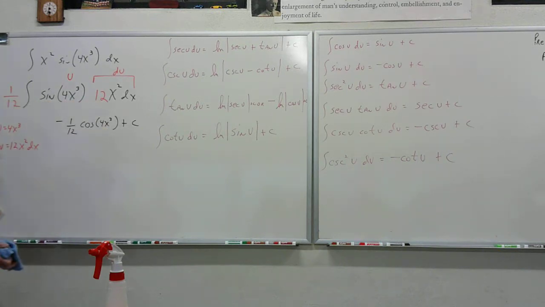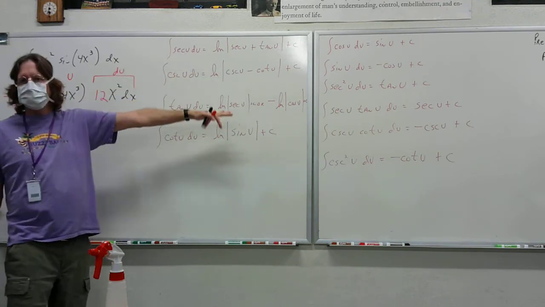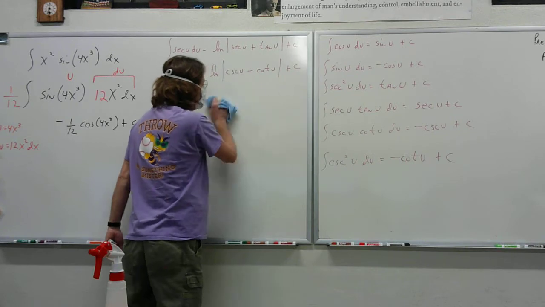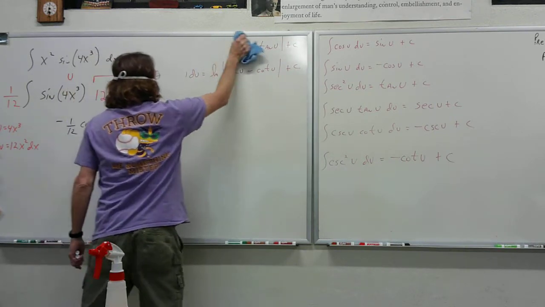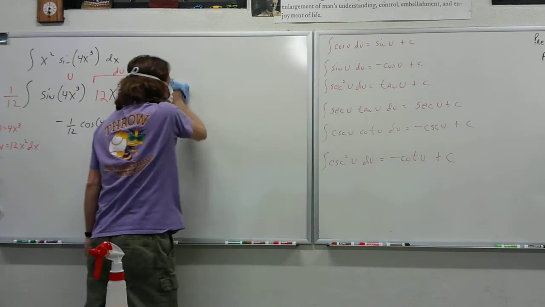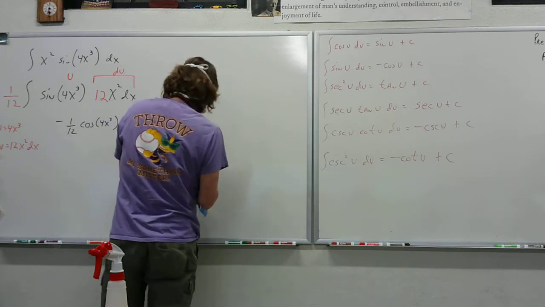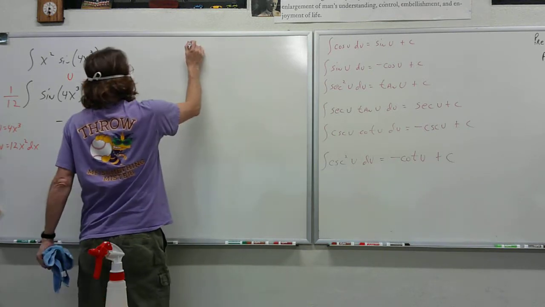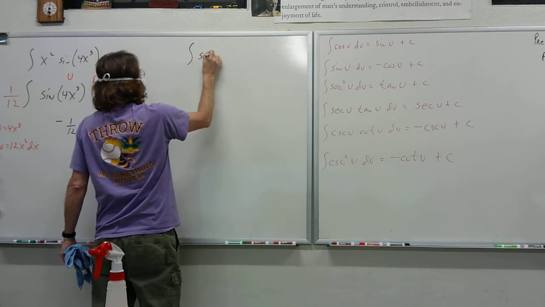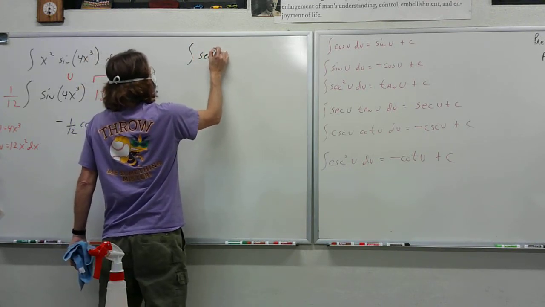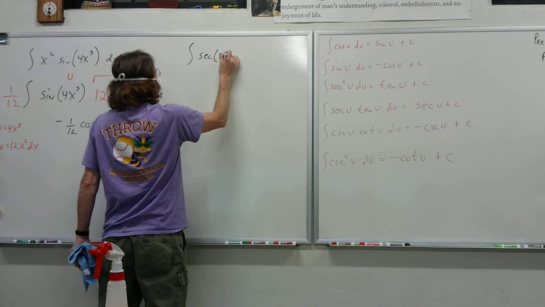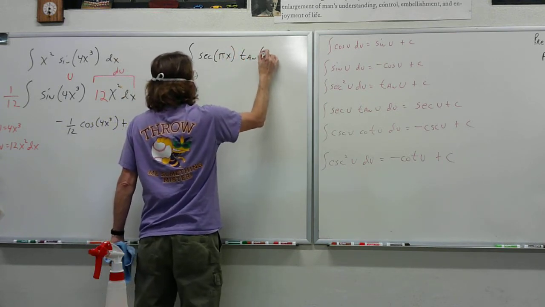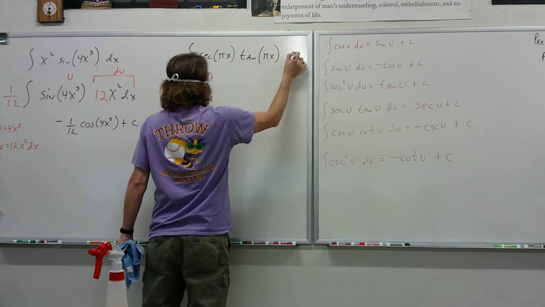All right. Now, may I erase this little list? Because if you see one of these, you got it on your paper. All right. Let's say I had this. I got the integral secant pi x tangent pi x dx.